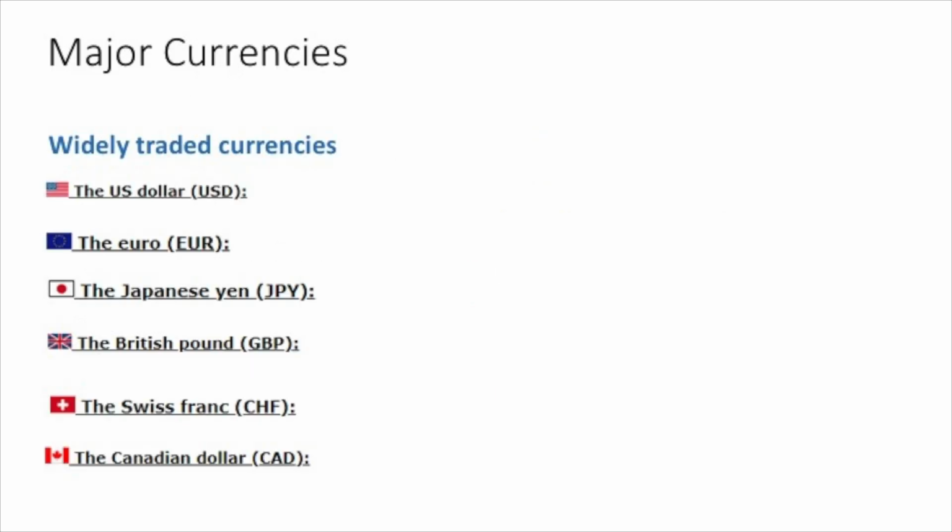The most widely traded currencies are listed on this slide: US dollar, euro, Japanese yen, British pound, Swiss franc, Canadian dollar. Those all make sense in terms of the size of the economy. And again, if you're looking at the currency market, these are some of the largest traded currencies.